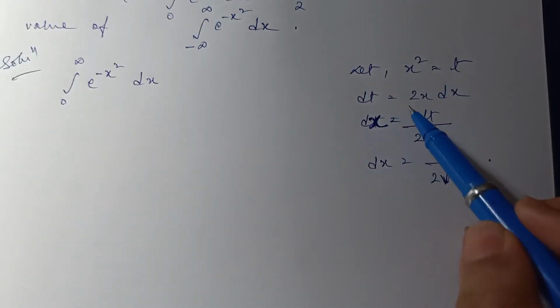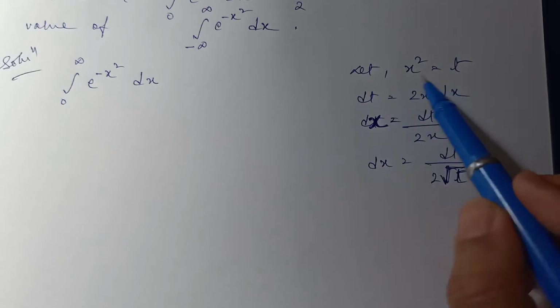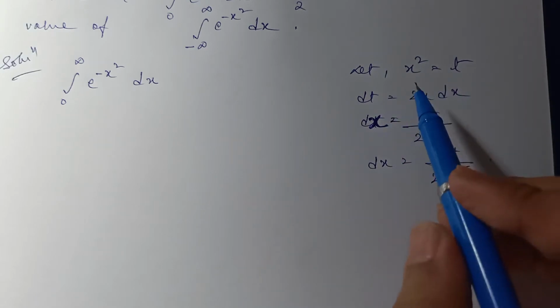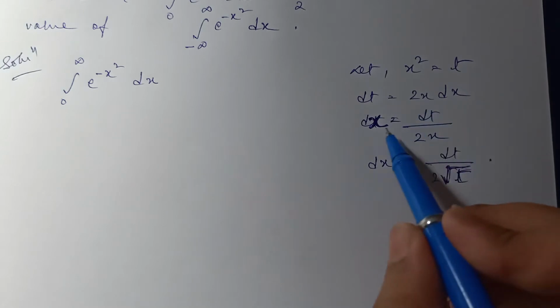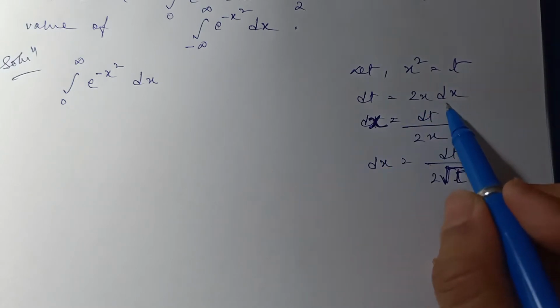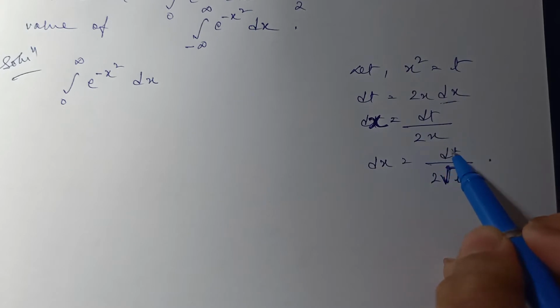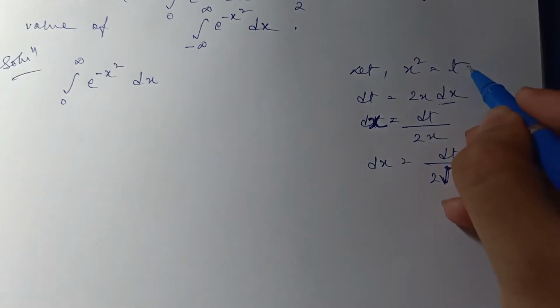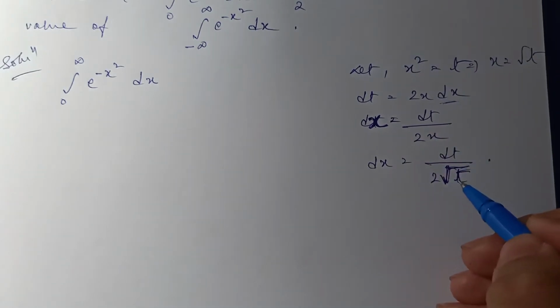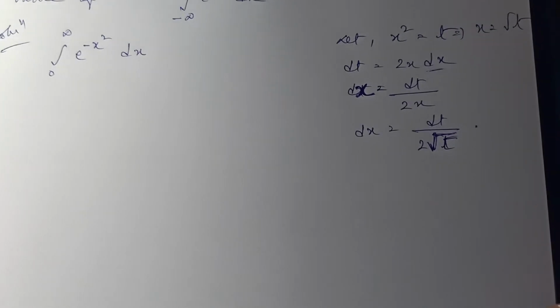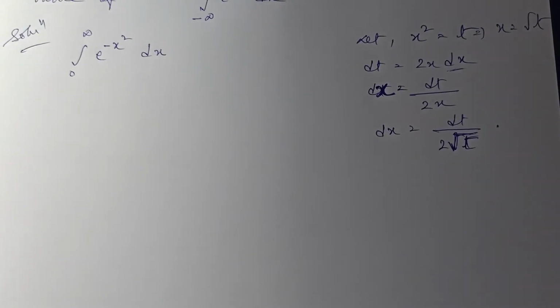Differentiating with respect to x, you get dt equals 2x dx. So dx is equal to dt upon 2x, and dx is equal to dt upon 2 root t. Root t, how? Because x square is t, so x will be root t. Fine, this much is clear, I guess.